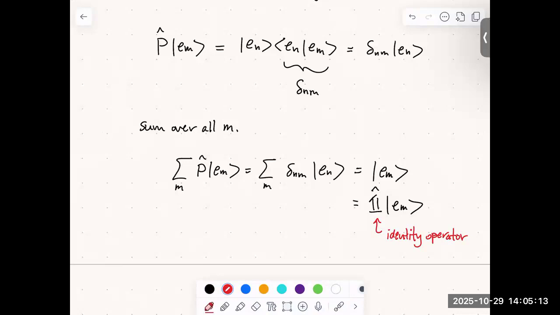And so, of course, if we compare the left and right-hand sides of these equations, they have to be equal, obviously. They both multiply the same EM state.